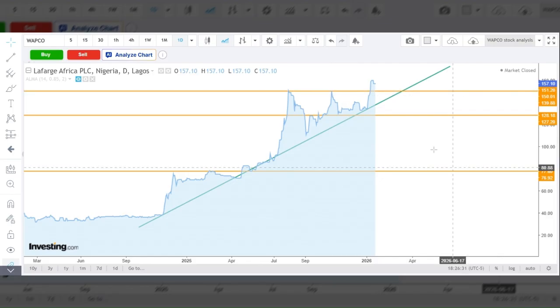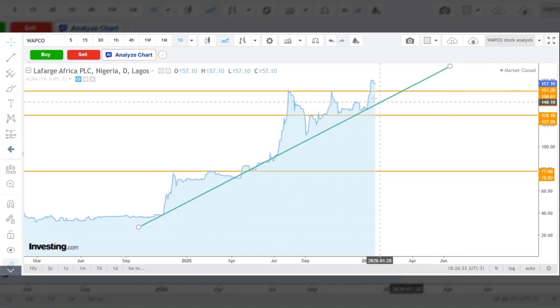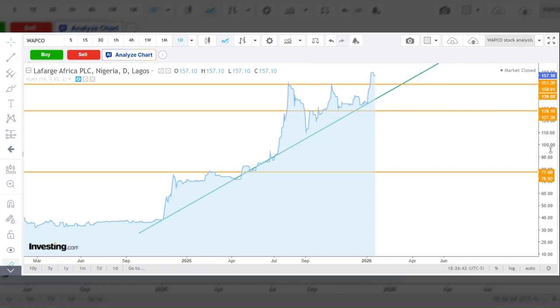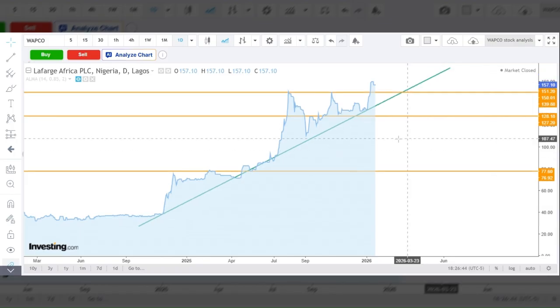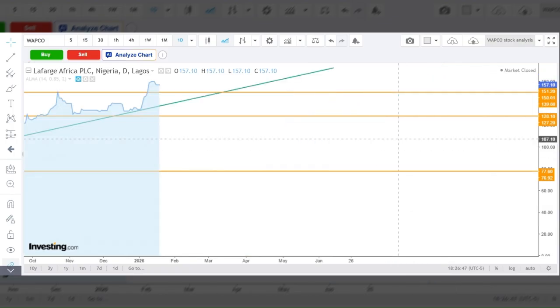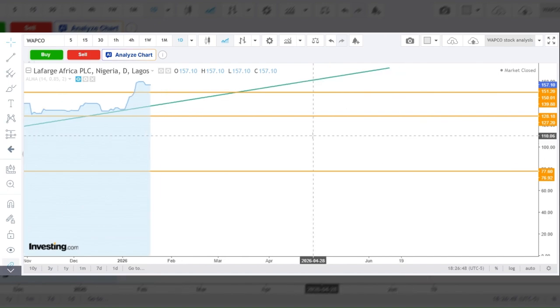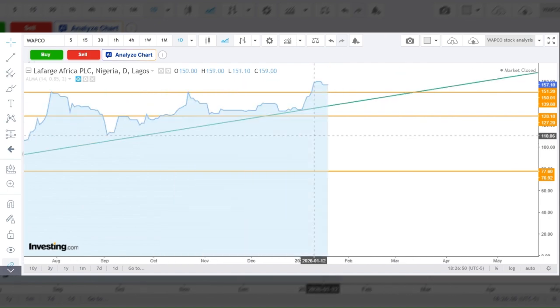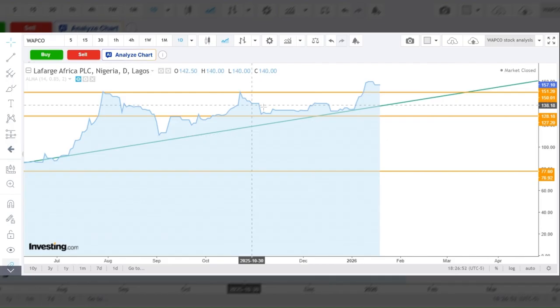Okay, I think that is all. Let's see. Do we have any other thing here? Let me check. Okay, these are another two spots here. Now you can draw a support and resistance line.